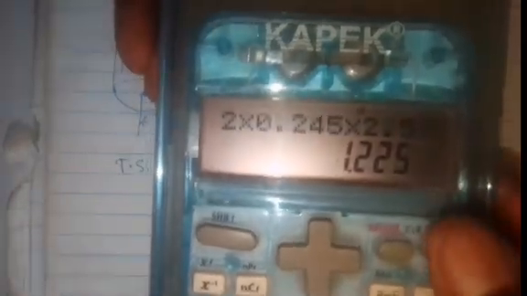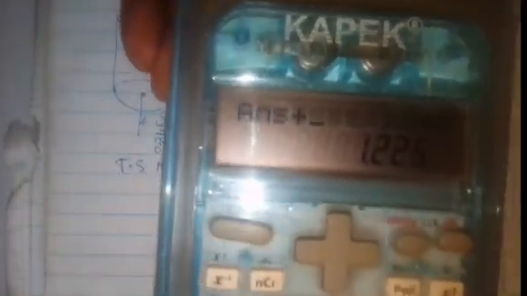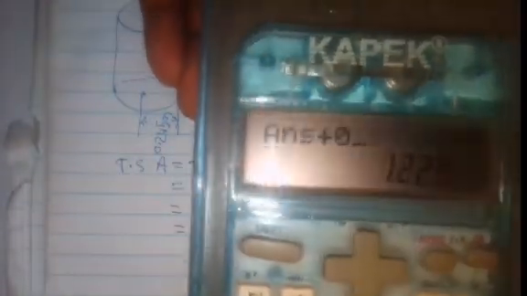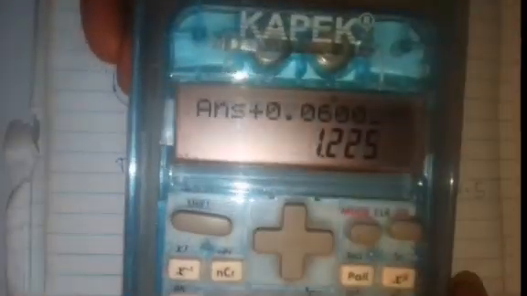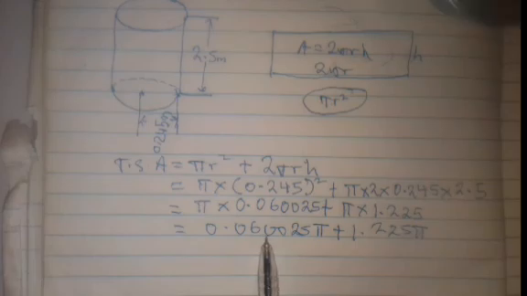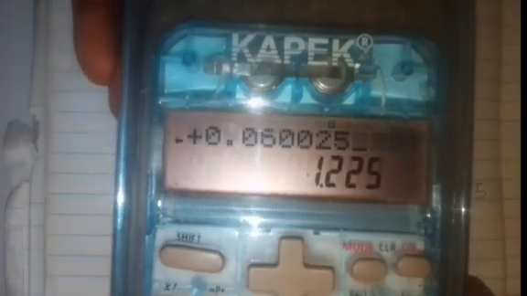All right, so what we'll do now is to come to a calculator. We have this already, so what we have to do is to press our plus, then 0.060025, and the result here will give us 1.285.